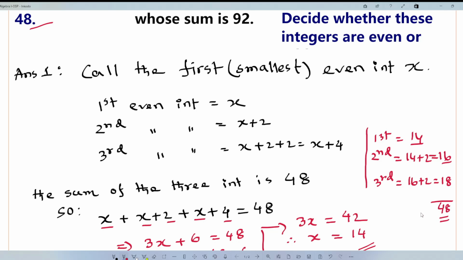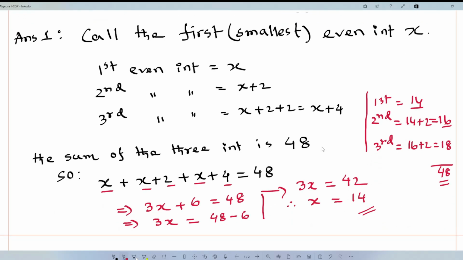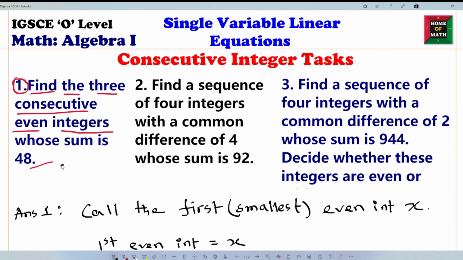So our answer is okay. The 3 consecutive even integers are 14, 16 and 18. Okay, so our first question answer is done.